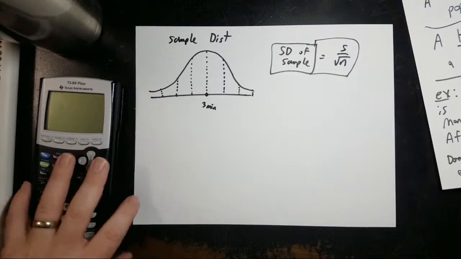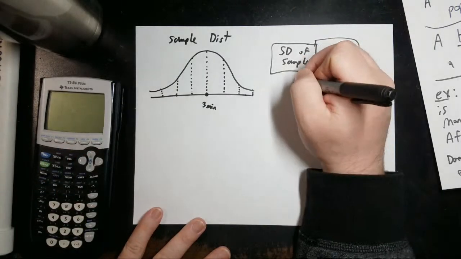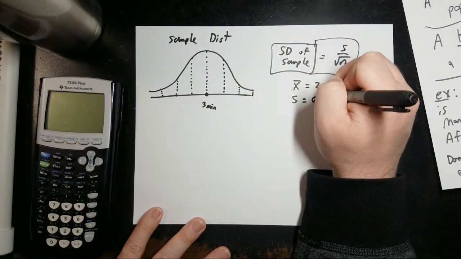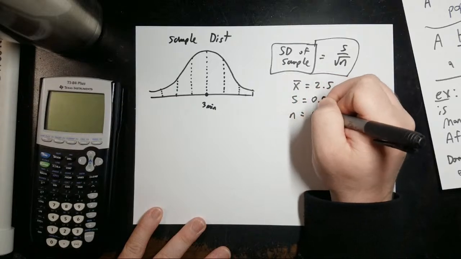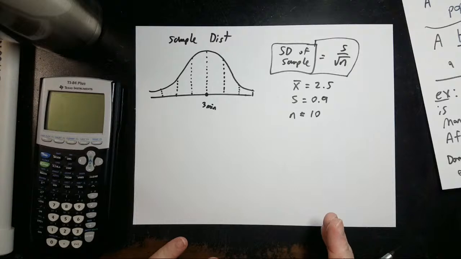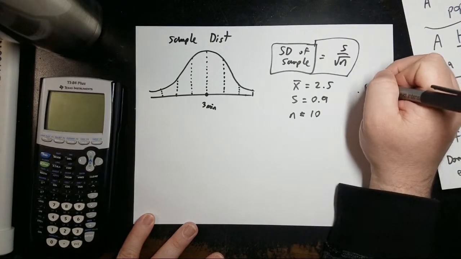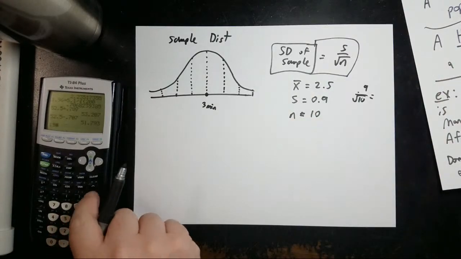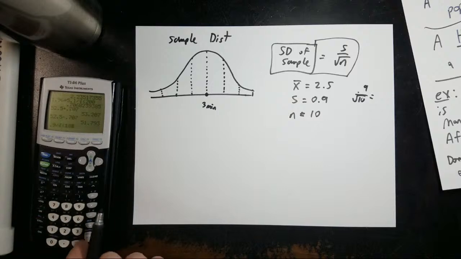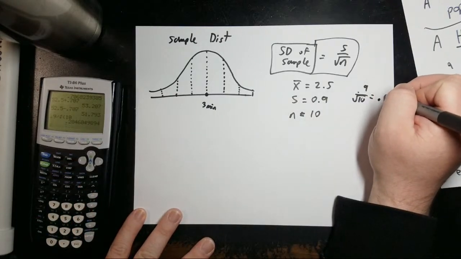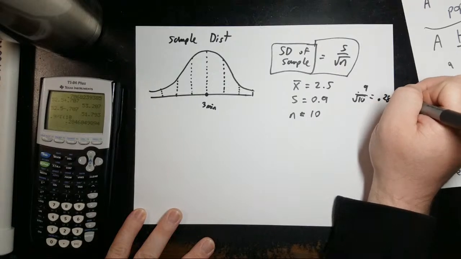Now, if you did that for this particular example, I put x bar at 2.5, s at 0.9, and n is 10, because he took 10 test evacuations. 0.9 over the square root of 10 would put you at approximately 0.285.